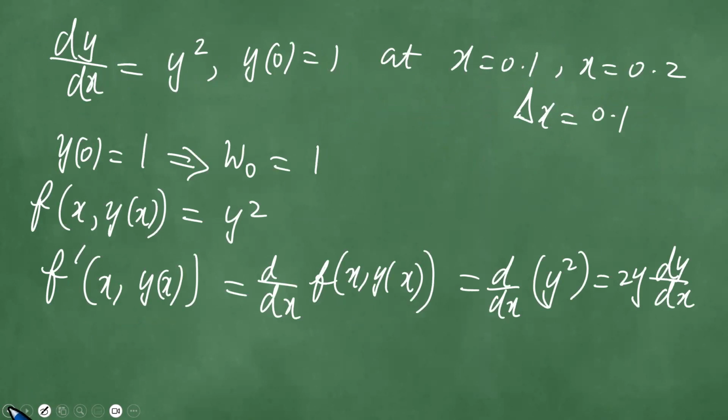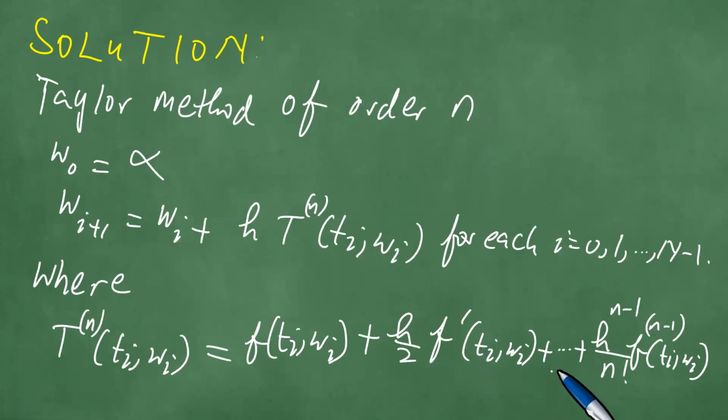It's nothing bizarre that we're doing here. It's exactly this, but we're just writing more terms. So if you have f ti wi, then the next one is h over 2 that. Then obviously from the general term, then we can write more terms. Like, what is the term after h over 2? It's going to be h squared.